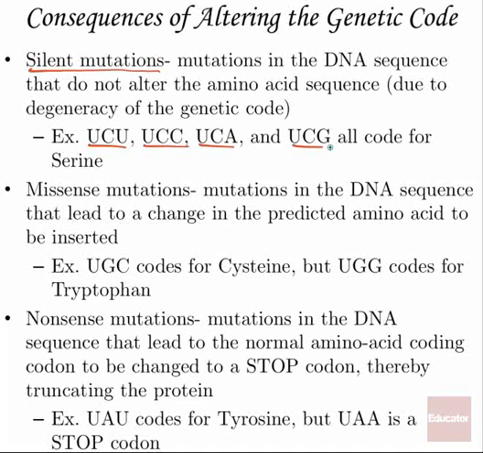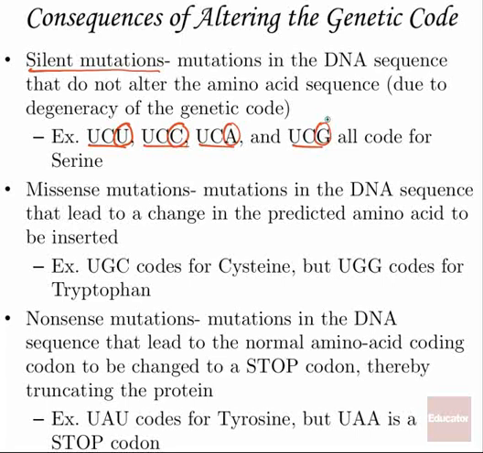So if, instead of what should have been a UCU, for some reason we have a mutation changing the U to a C or even an A or a G, no harm, no foul. We still get a serine. Okay, so it's a silent mutation. We don't even see it.